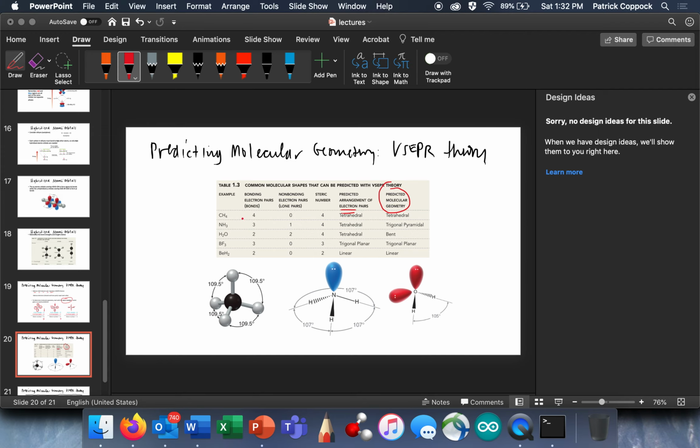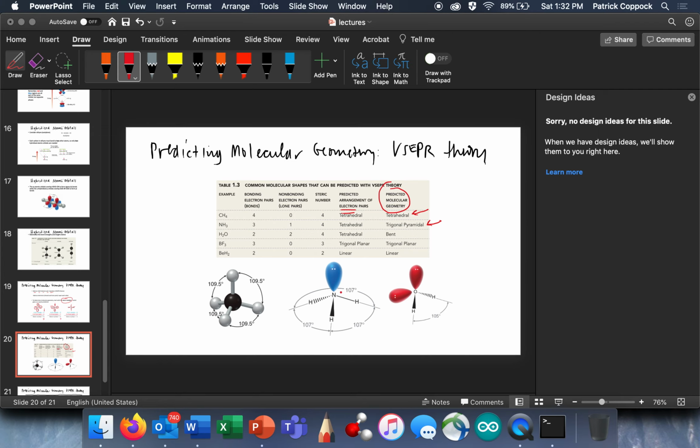So if all of the electron groups are bonds, then the molecular geometry is going to be the same, tetrahedral. If one of the electron groups is not a bond, but rather an electron pair, then we're going to name the shape of the molecule trigonal pyramidal. We got this in Chem 2, so perhaps this is familiar to you, right?